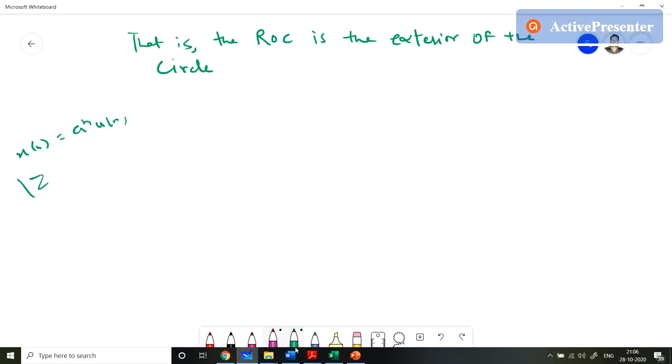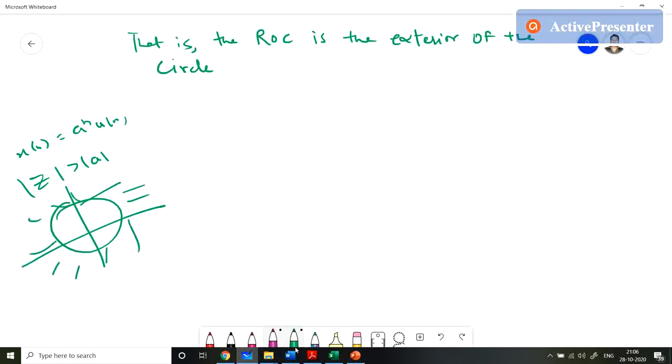Then the ROC is mod z greater than mod a, so it is just exterior to that circle. The ROC is exterior of the circle containing all the poles of H(z) in the z plane.